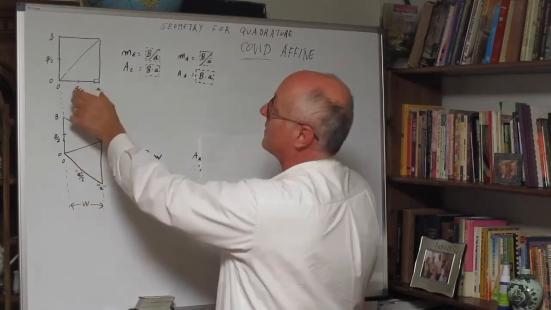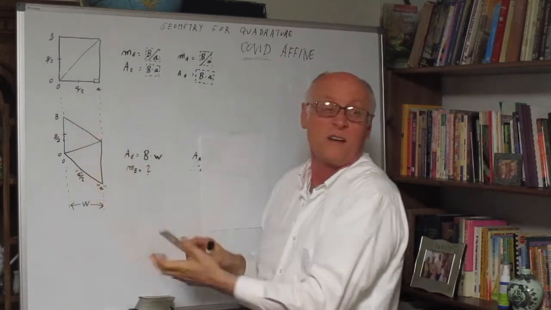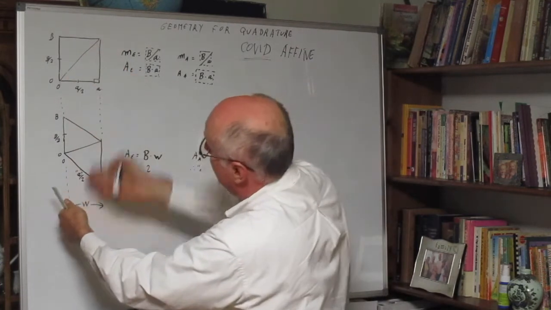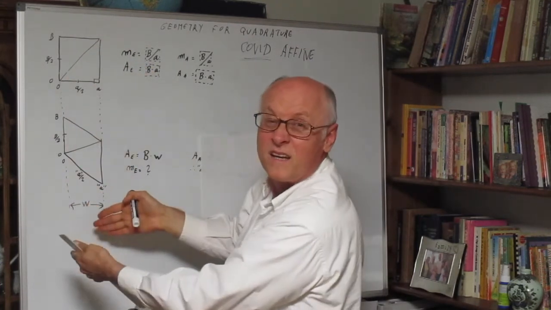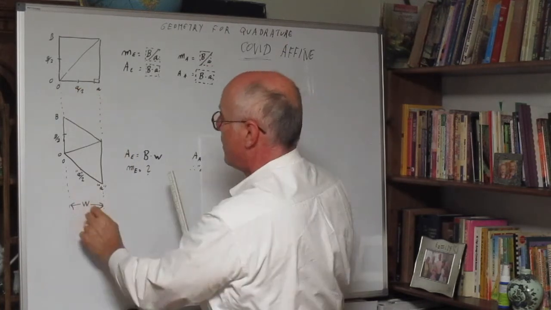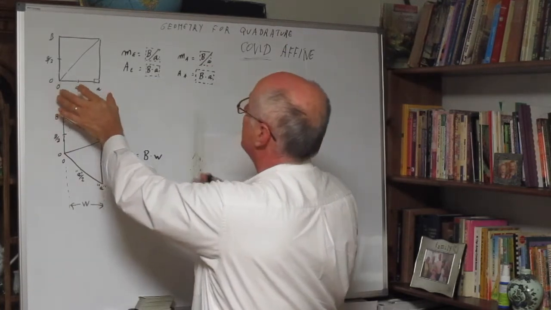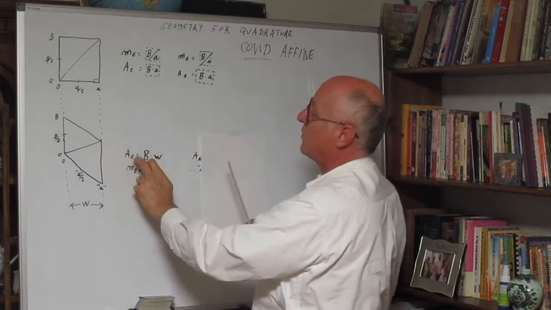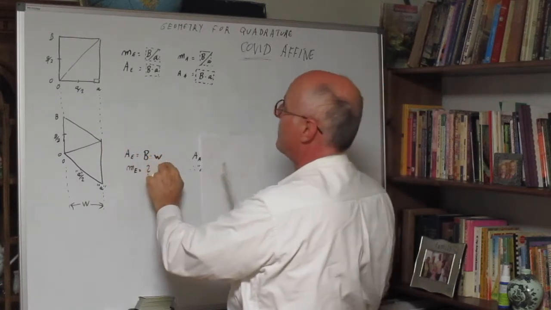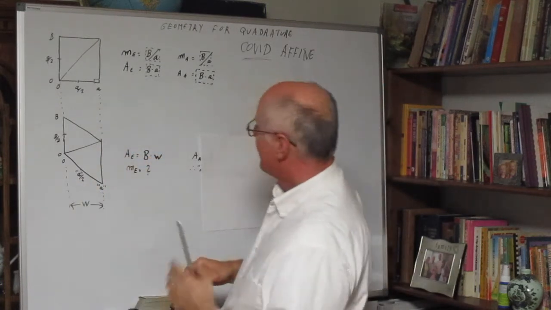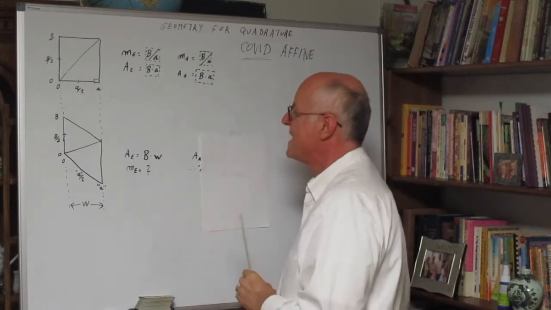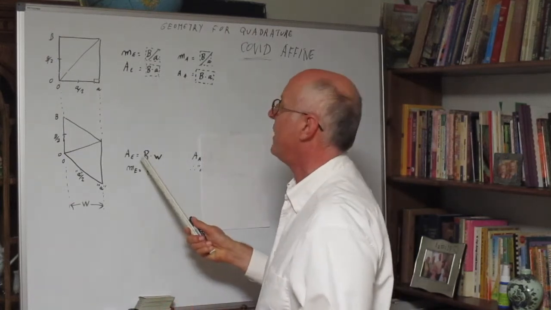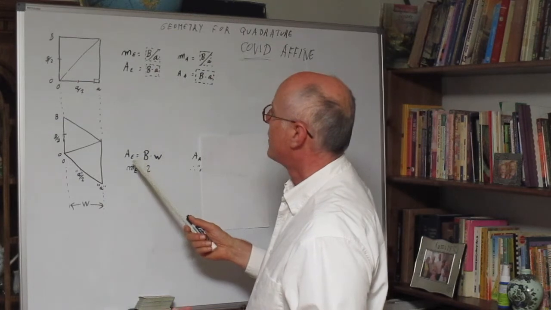And it happens that W is equal to A, right? You can see it. We're maintaining parallelism. See it? So W, yes, it is equal to A, but that's what Euclid says, that you're B times W. And that's the area according to Euclid.